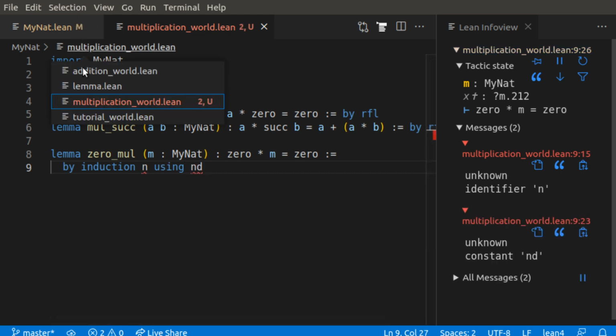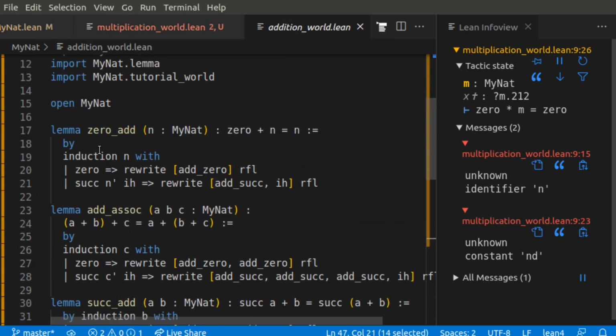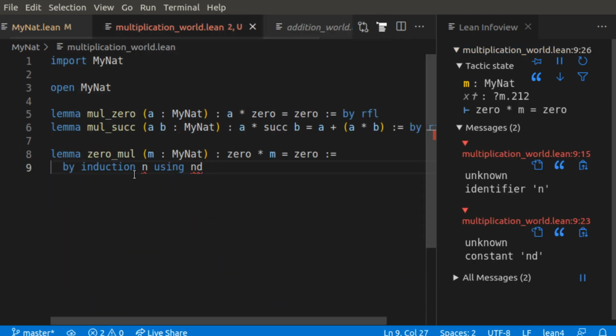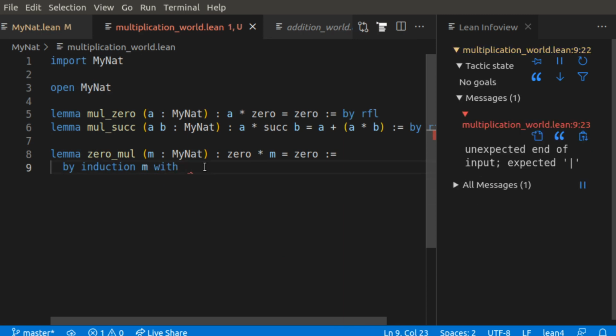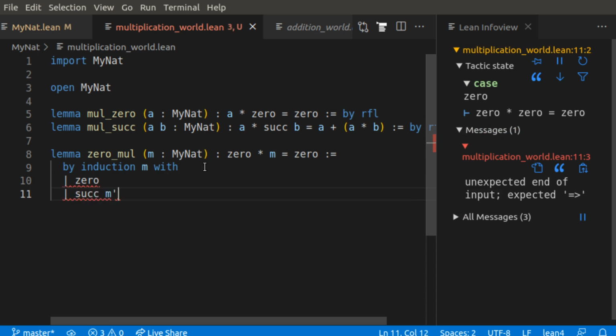Let's see how we did it. By induction on m with a couple of cases, 0 and successor m prime.